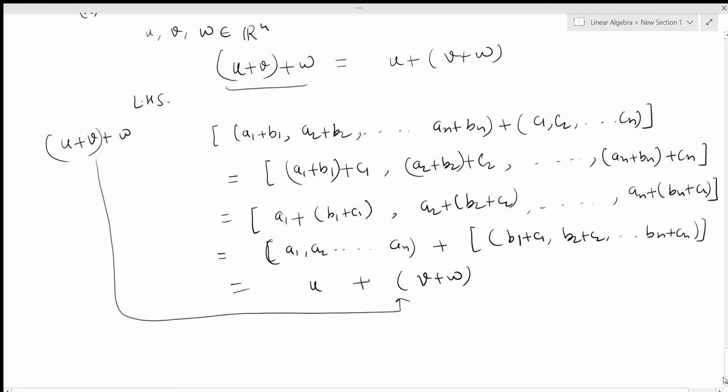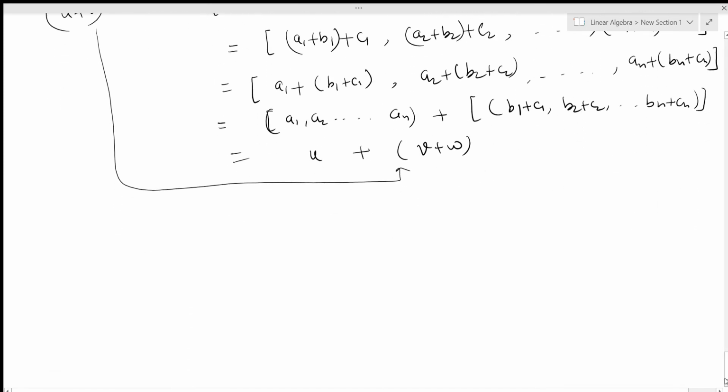Now third one, that is additive identity. So third one is if your U is of this type and identity 0. Identity element in Rn is of n tuple vector. So 0 is like 0, 0 and 0 n times.